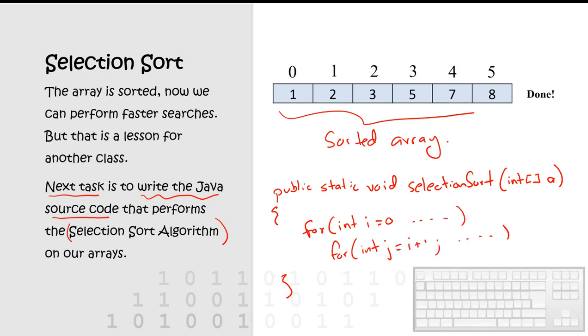So your I value is going to start at I equals 0, and your j value is going to start at I plus 1.